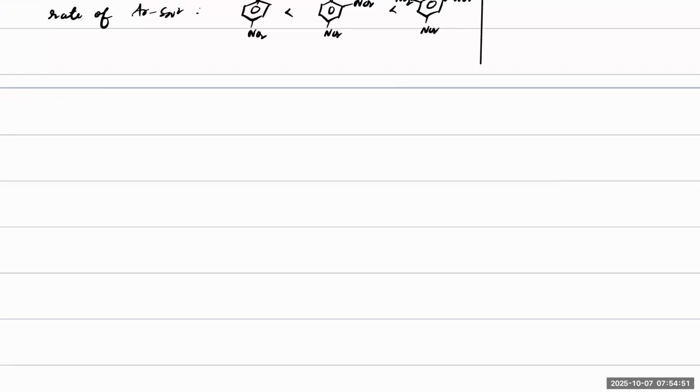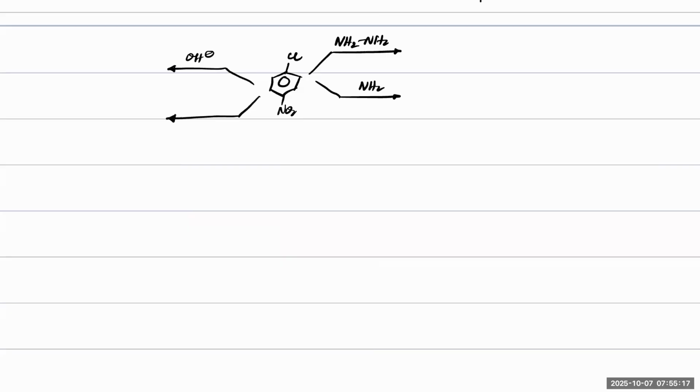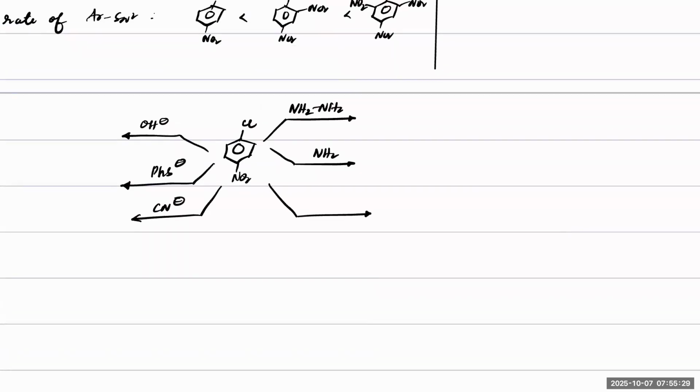Got it? The typical reactions that you need to understand from here are these. Suppose you have, let's say, chlorobenzene with NO2 here, and you are reacting that with hydrazine NH2NH2. If you are directly reacting with ammonia, if you are reacting with OH minus, if you are reacting with PhS minus, if you are reacting with cyanide CN minus. Let me take one more case here, RO minus. So in all these cases, what do I get?